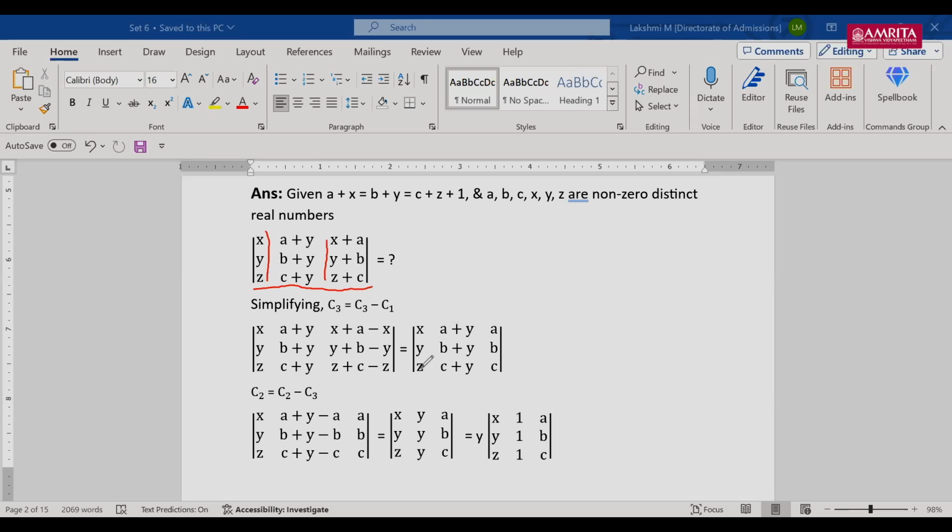So I was able to change the whole term XYZ. Now coming to this too, if you're performing any operation, you'll be able to remove this ABC. So C2 will be C2 minus C3. So I got XYZ, YYY, ABC, right? Is that clear to all of you?